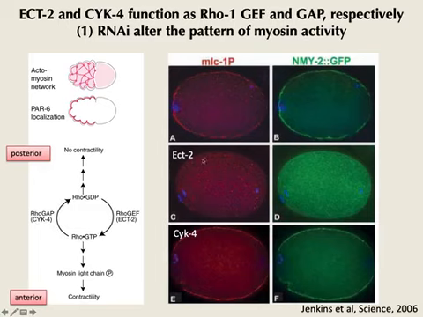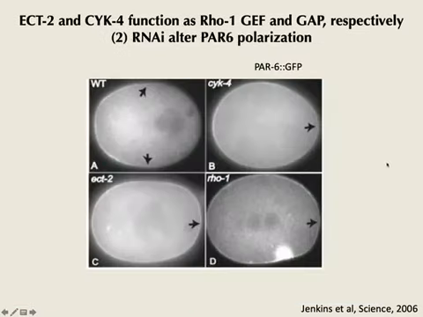So in the ECT2 mutant, you get no activation. So far, so good. In the CYK4 mutant, you get activation everywhere. So far, so good. That doesn't tell us where the asymmetry is. I'm just going to go a little bit more quickly here. This one is not as clear, but the key point I want you to get from this is I'm telling you about Rho activity, the GAPs, and the contractility, but I have not connected that to the PAR localization yet, right?